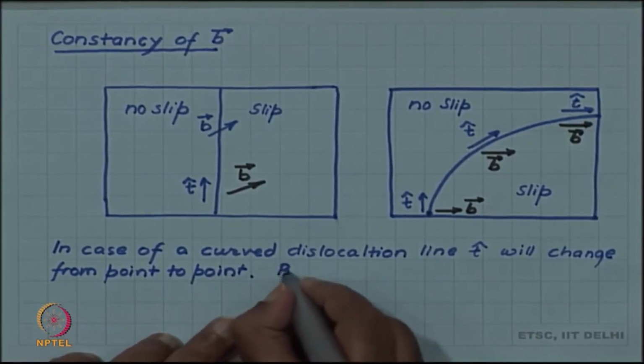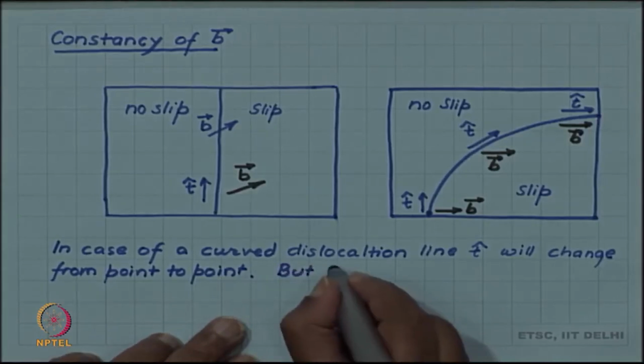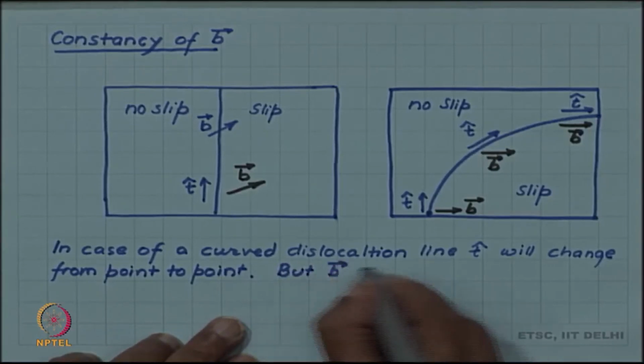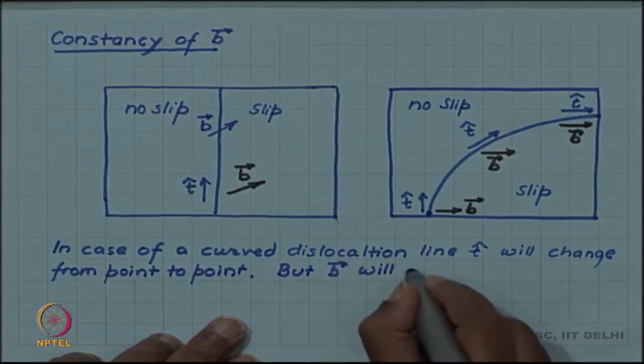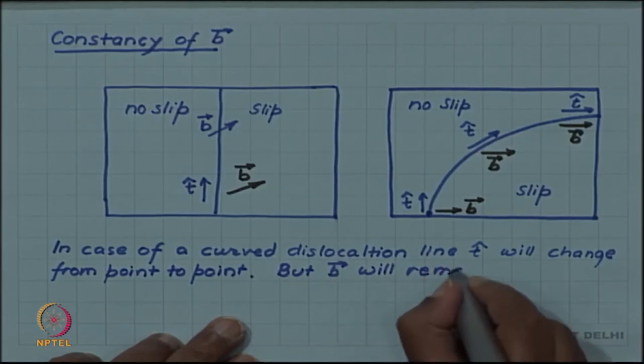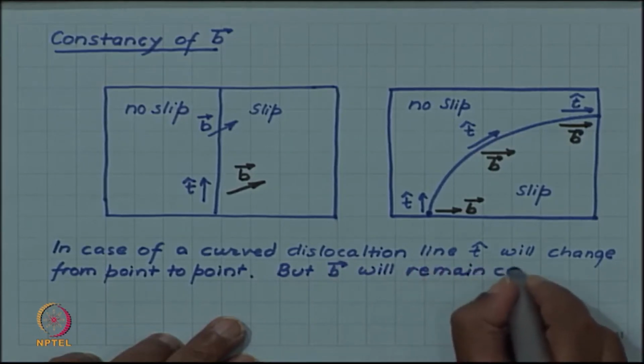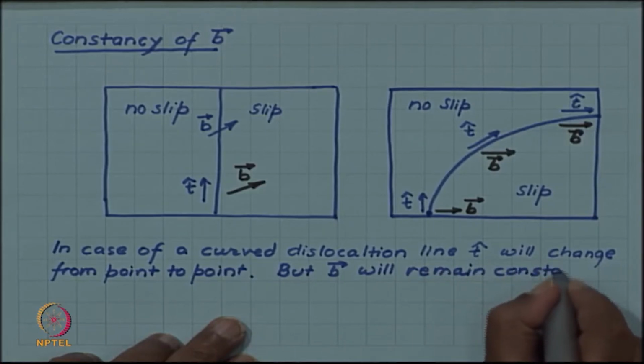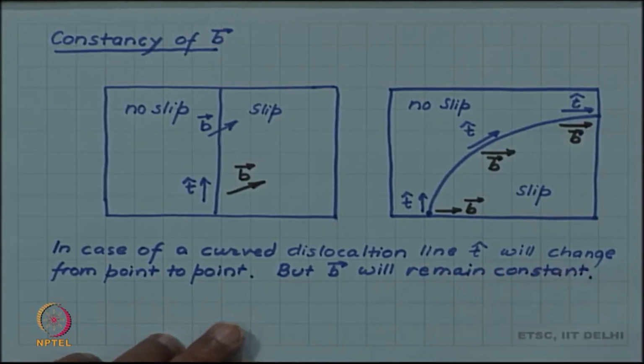But b will remain constant, the Burgers vector b will remain constant.